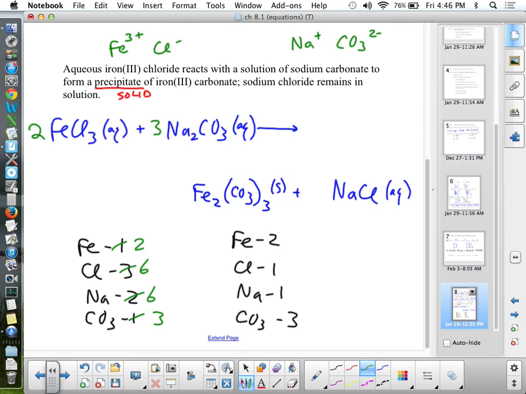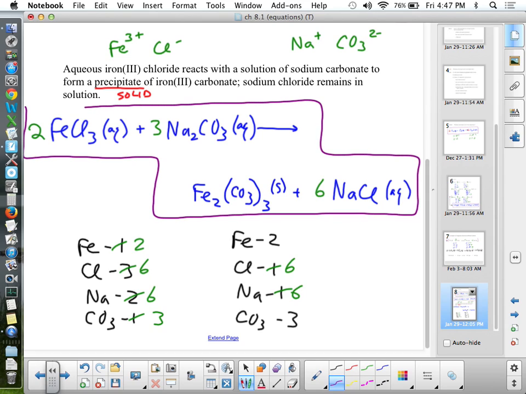So my iron and my carbonate are balanced. I've got 6 chlorines and 6 sodiums on the reactant side, 1 chlorine and 1 sodium on the product side. It's fun when it works out that easily, isn't it? And I've got my balanced equation. Okay? There you go.